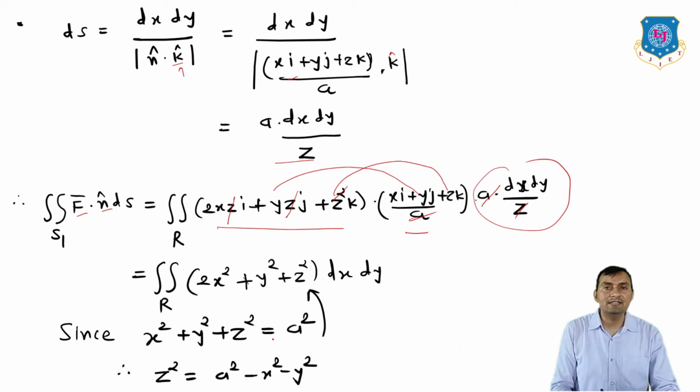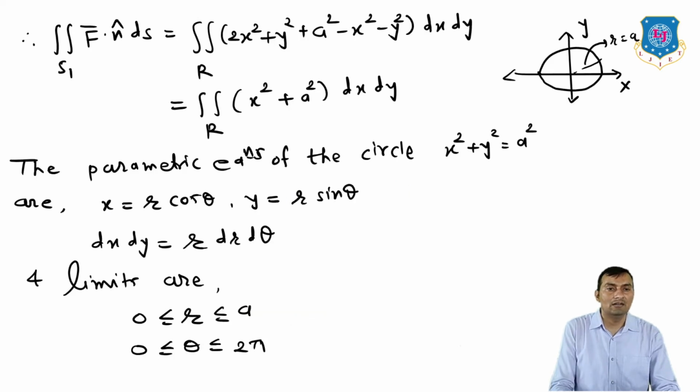But since the given surface is x square plus y square plus z square equal to a square, you can make z square the subject and replace over here. So you will obtain the double integration over R of 2x square plus y square plus a square minus x square minus y square. Here y square is going to be cancelled out, 2x square minus x square will be x square, plus a square, dx dy.